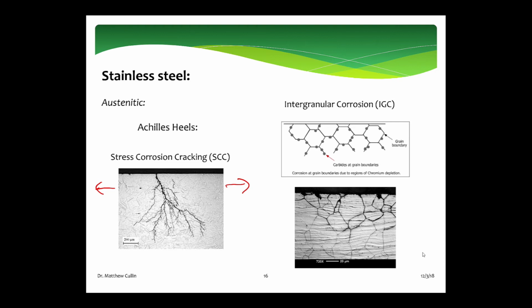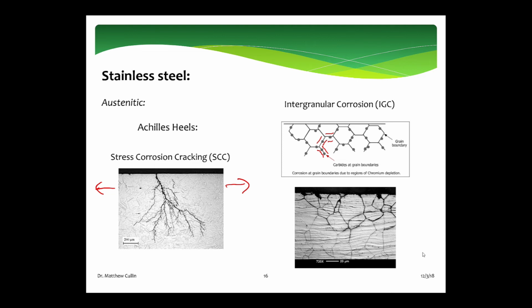But essentially what you're doing is depleting the volume immediately adjacent to the grain boundaries of chromium. So you have chrome carbides, but in the region around where the chrome carbides form, this doesn't look like stainless steel anymore. It looks like just regular old plain carbon steel because you've depleted out the chromium.